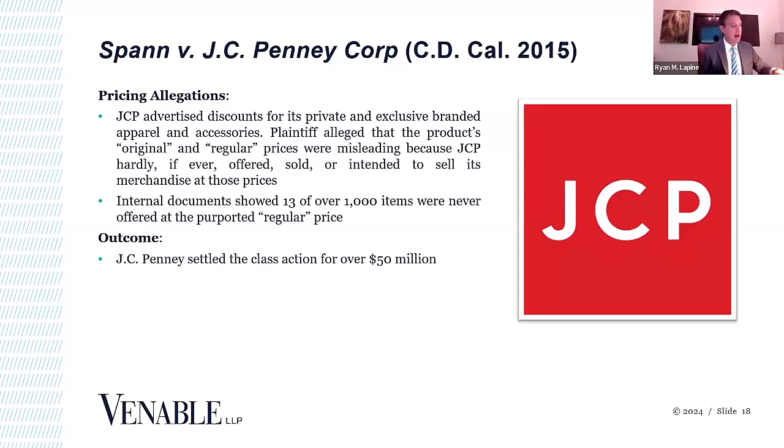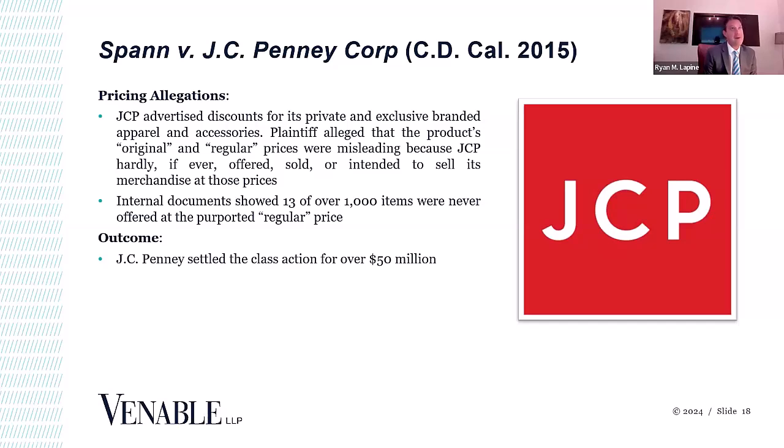And it was alleged that this was all simply illusory. And in fact, and this is a quote that I love, the CEO admitted that for years, JCPenney really just wasn't charging the retail price. And the quote was, "So you see here, nothing was bought at regular price, fewer than 1 out of 500 units."